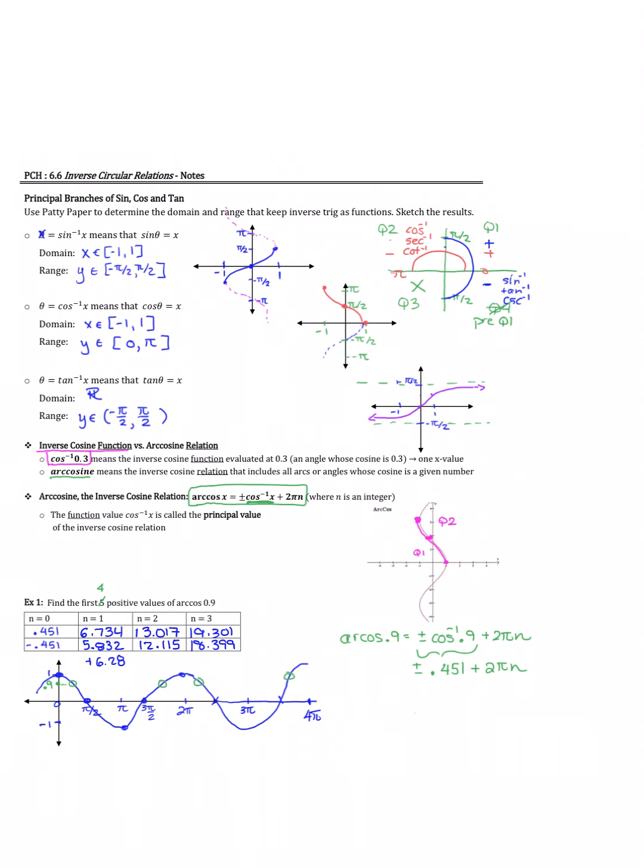In the table, I can get the first 5 positive values. Here's the first positive, the second one, the third one, the fourth one, and the fifth one. When I look at my graph, this one right here corresponds to 0.451. This one corresponds to 5.832.